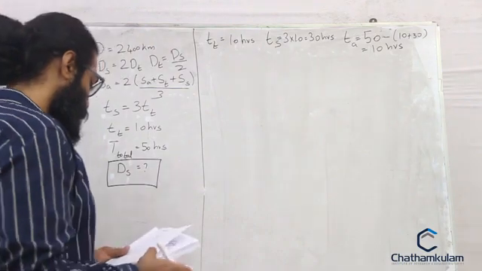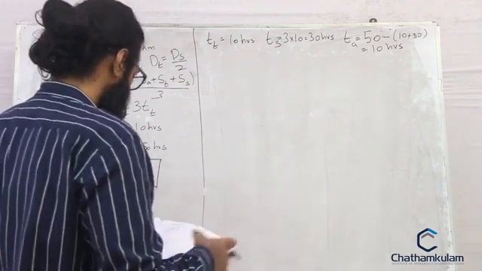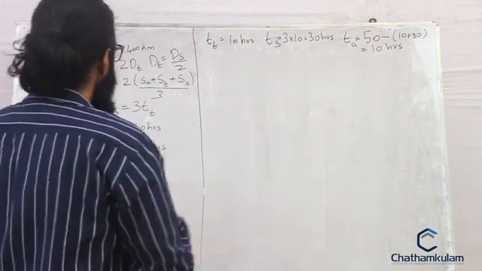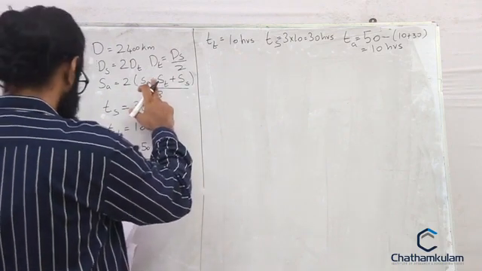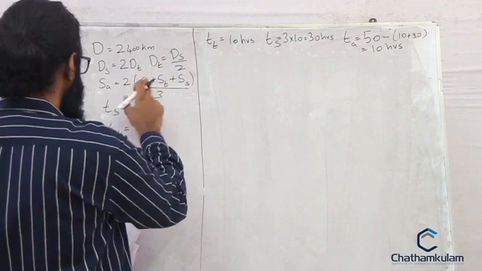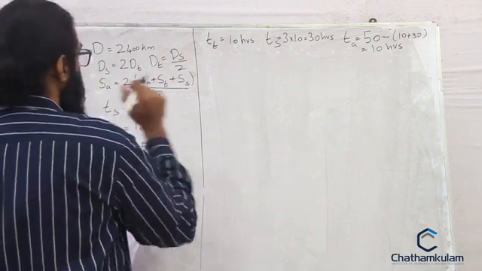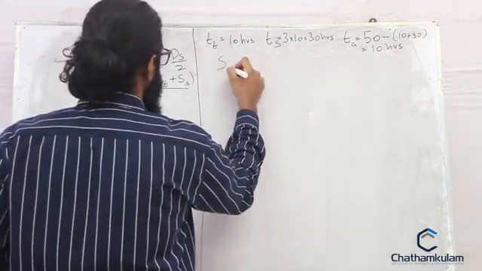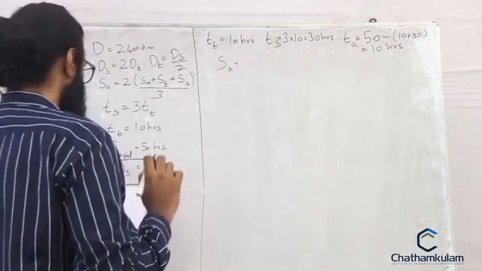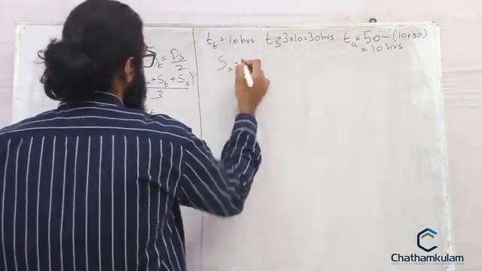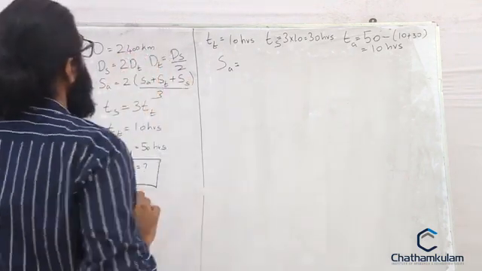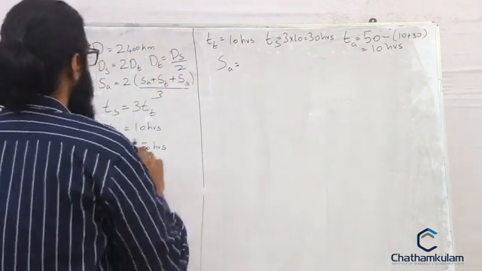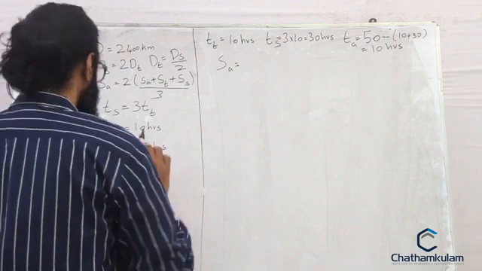Okay, so next we have to find the average speed of the journey. We know that the total distance is 2400 km and the total time taken is 50 hours.